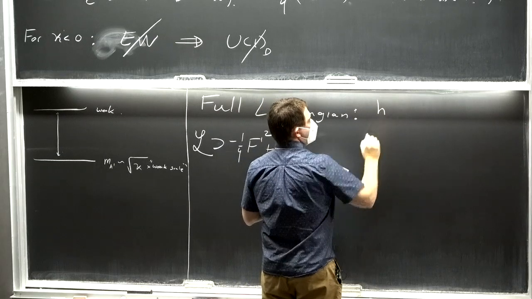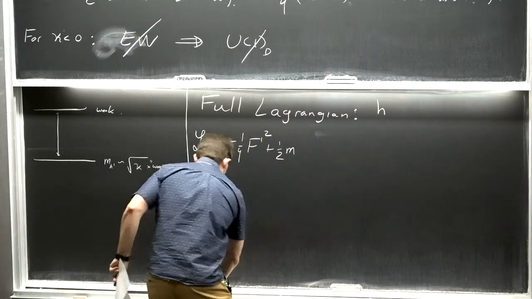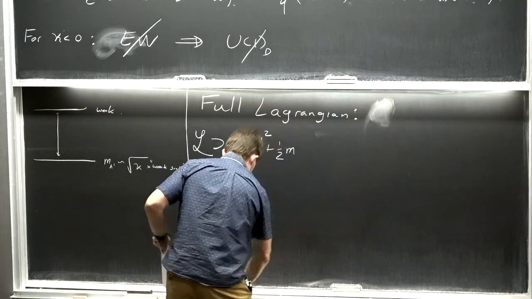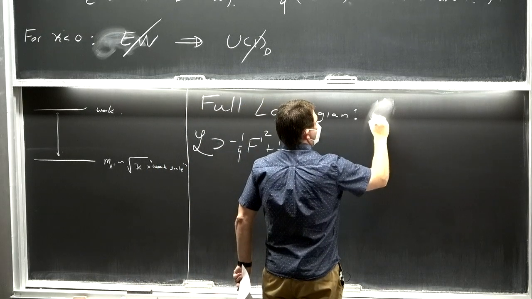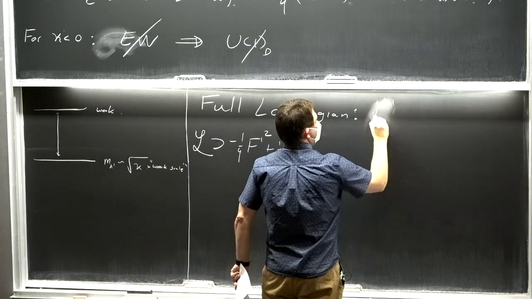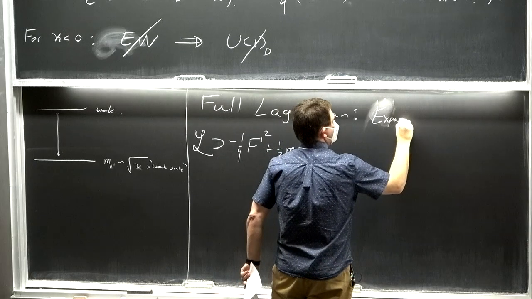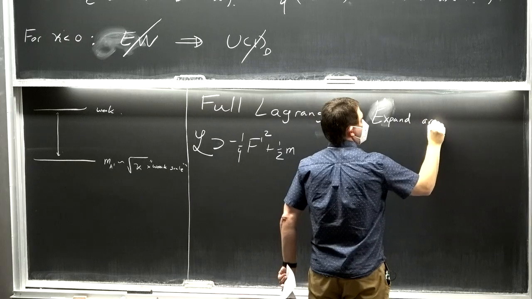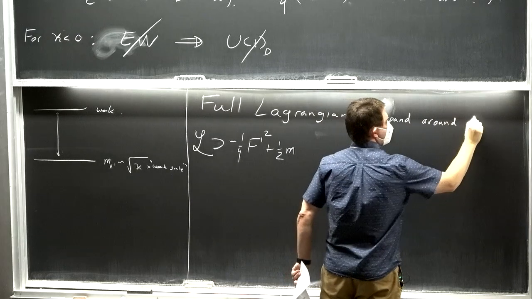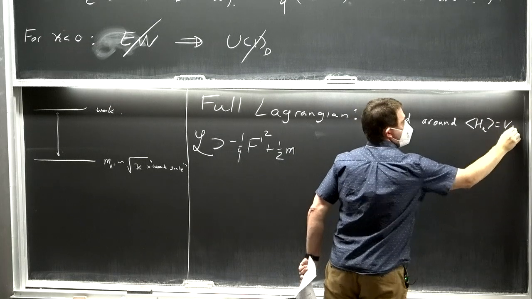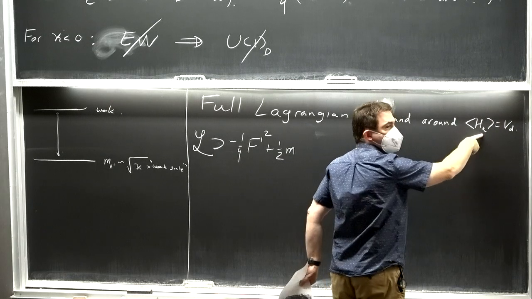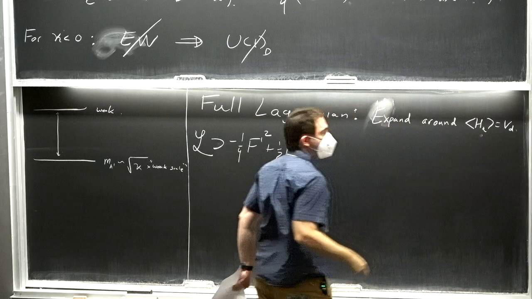We're going to expand about the U1 dark breaking vacuum, okay? So expand around H dark equals V dark. I'm sorry, this got cut off, but we're expanding around the VEV of the dark Higgs.